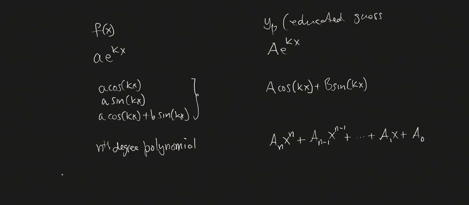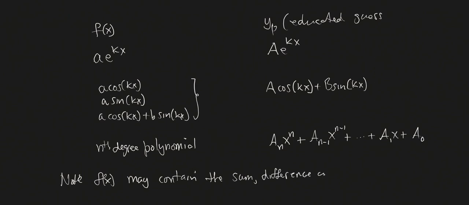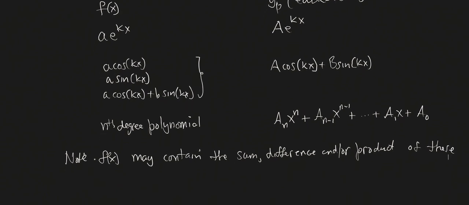So I'll just say, note, f of x may contain the sum, difference, and or product of these types of functions, not quotients, because when you divide them, you lose the pattern that we have.